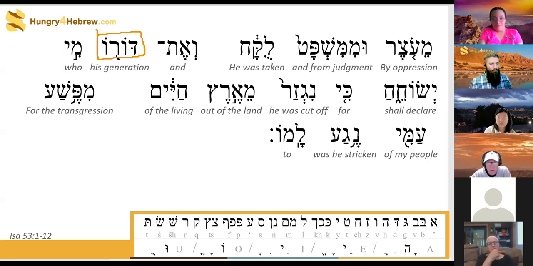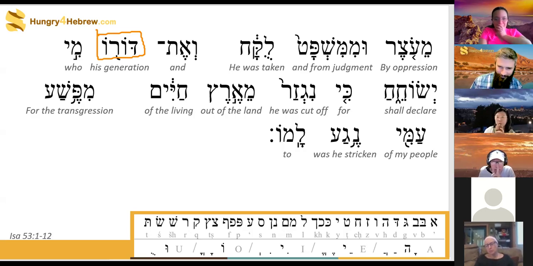And this play on words I see when the question was asked about mishpat, judgment, you have righteous and unrighteous judgment. Because in his generation, in his space of time, there was unrighteous judgment as well as righteous judgment. So by the oppression of the unrighteous judgment in his period of time, but you can also read it as righteous judgment, and he was taken by the Father as the most holy on earth. It's a fascinating play on words if you look at it that way.